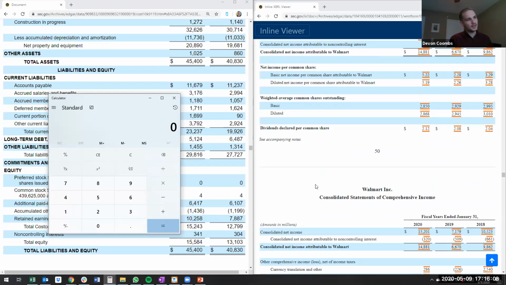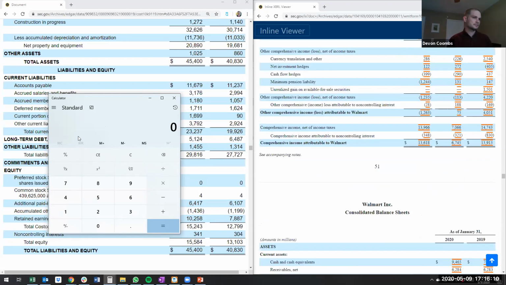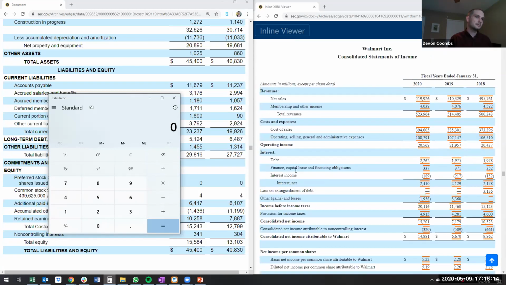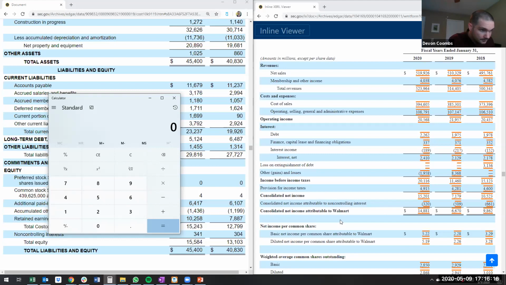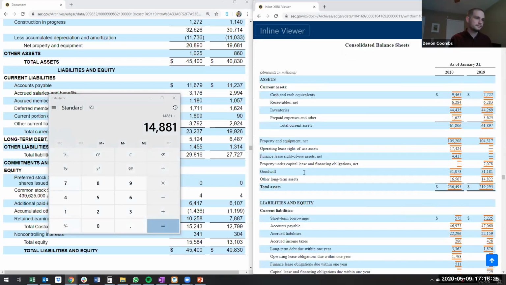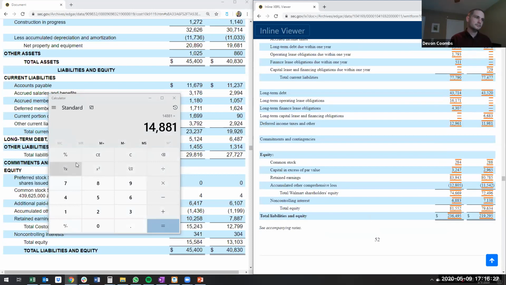Walmart, let's see how Walmart stands up. Walmart's income statement, we go to net income, 14,881 divided by, let's look at their equity. They still have sizable, right? You get about an 18% return, or 18 cents on every dollar you invest into Walmart goes back into their equity.